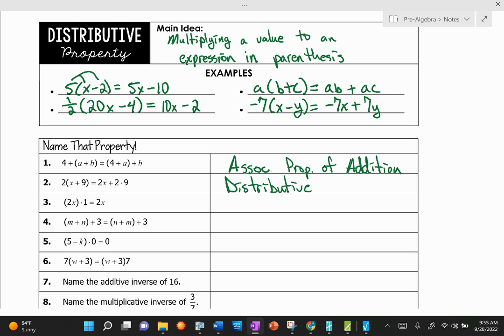But if it was inverse, it would be 1. I wonder who that is.